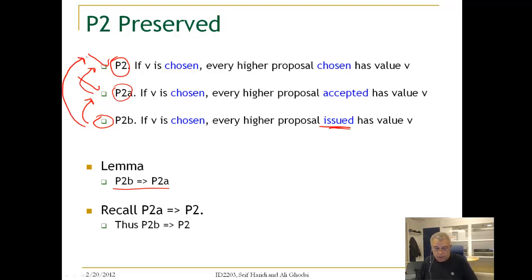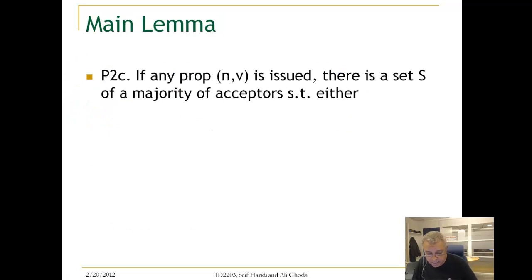Okay, so we need a way to have an implementation that has this property: if a value v is chosen, every higher proposal issued has the value v. To do this, we will take one step further, and the step is that we try to satisfy this property instead, which is P2C, where we are now interested in values issued.